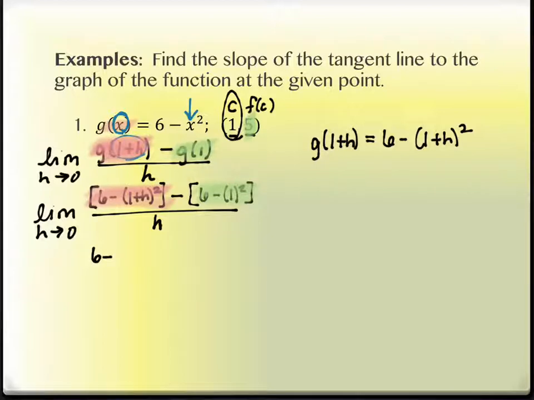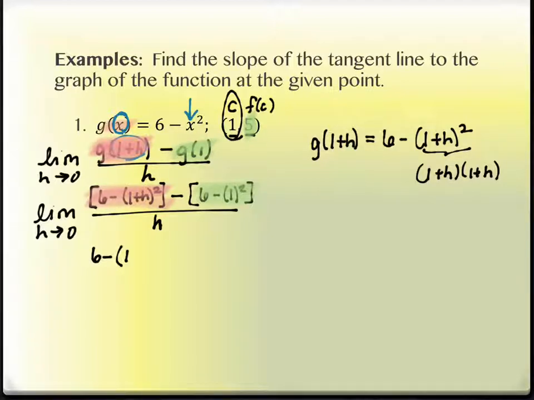So this is 6 minus. So 1 plus h squared, remember, actually let me write this over to the side just to remind you. This piece right here means 1 plus h times 1 plus h. You don't just square the 1 and square the h, right? That's a no-go. That's not going to work. You have to FOIL it out or distribute it out. So as we're thinking about that, I'll still leave it in a parenthesis.